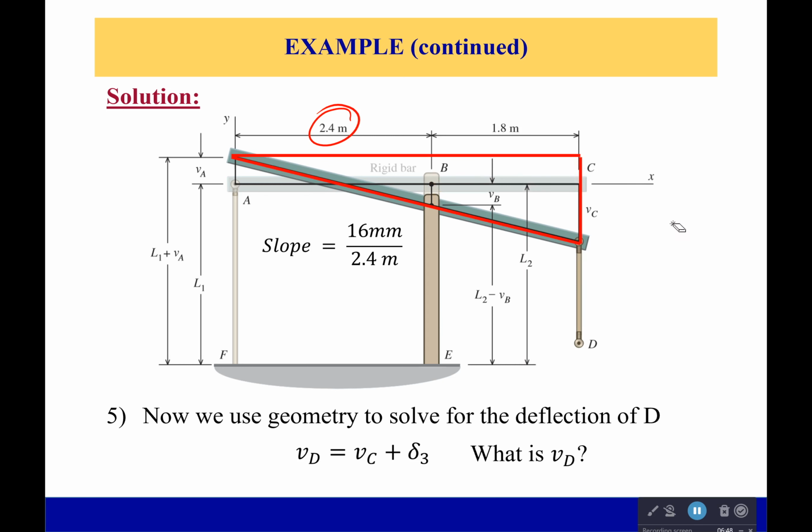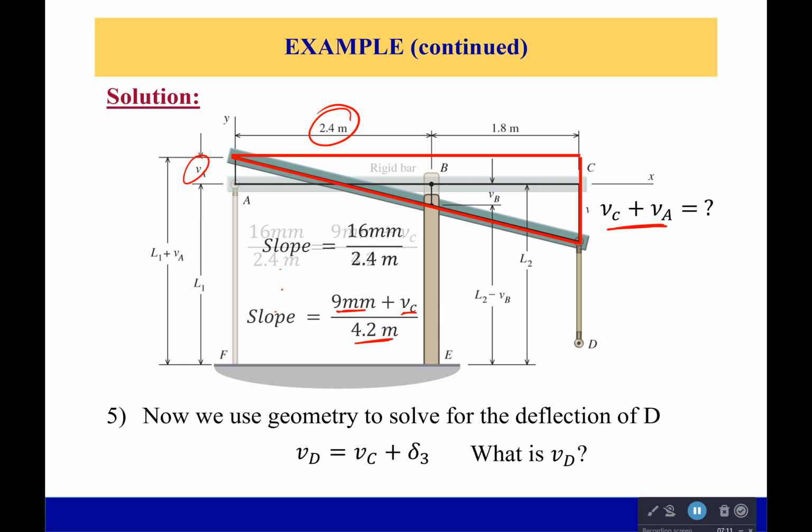And then we're going to set up a second triangle, which should have the same slope. And we see that this one over here, we can't quite figure it out yet because we don't know what our deflection at C is. But we can make a second equation. So we know that 9 millimeters, which is VA, plus this deflection at C over 4.2 meters is going to equal the slope.